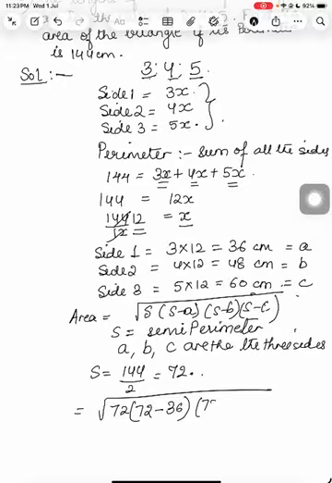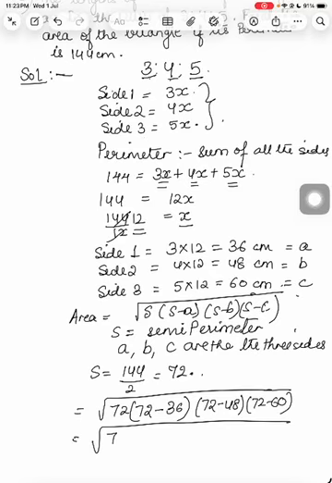Then 72 minus 48. And then 72 minus 60. Now we'll put down the values. 72, multiply, 72 minus 36 becomes 36. Multiply, 72 minus 48 becomes 24. And 72 minus 60 becomes 12.